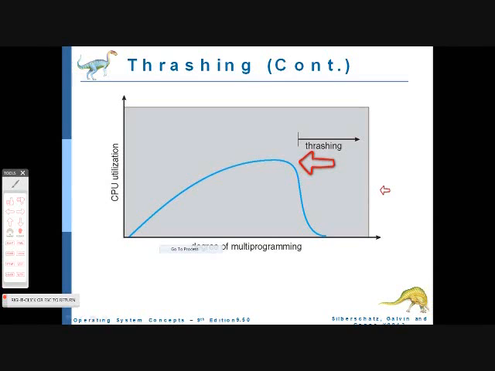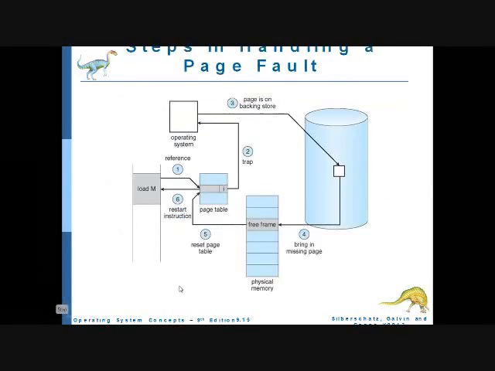So the degree of multiprogramming increases, but the CPU utilization decreases because the CPU will now be used for paging in absent pages in the physical memory from the logical memory, or much worse, from the file system, which is the hard disk drive. And this is what happens with thrashing.